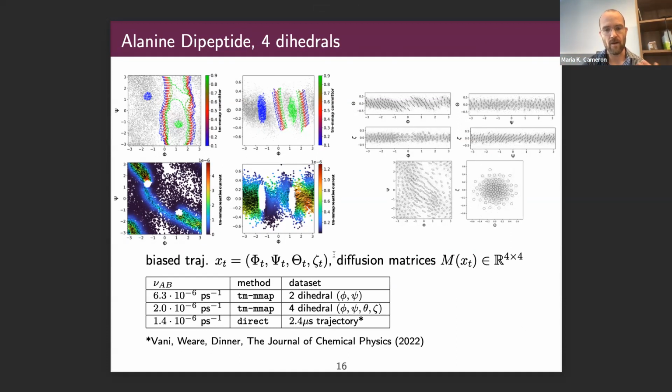And for our case, these line up very well with previous literature on this subject. And for the rates in particular, we found that for our 4 dihedral data set with target measure Mahalanobis diffusion maps, we'd gotten quite a close rate estimate compared to a direct rate estimate that was computed in this work, which was really encouraging.